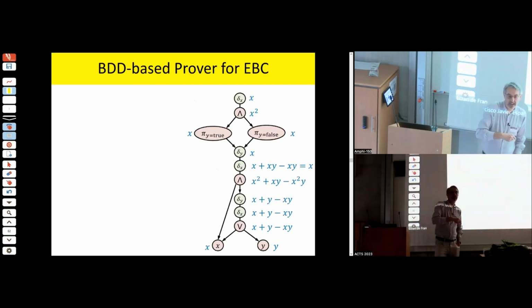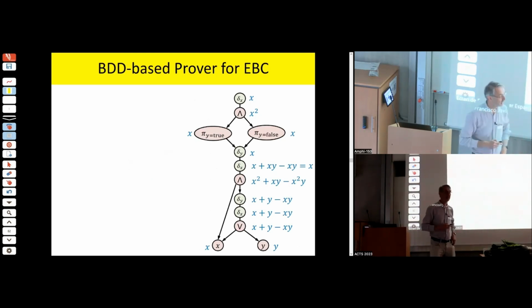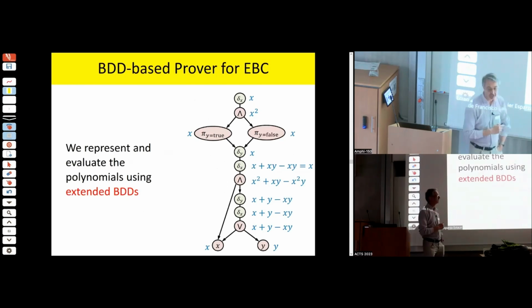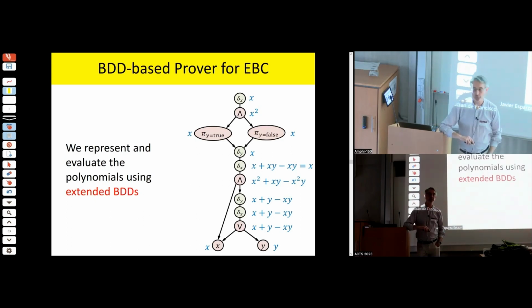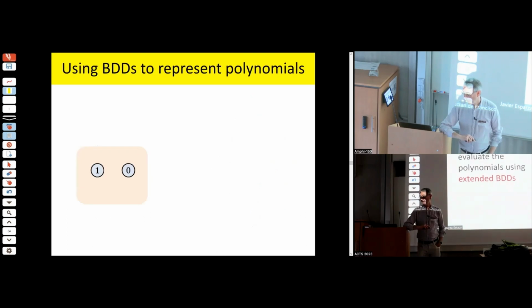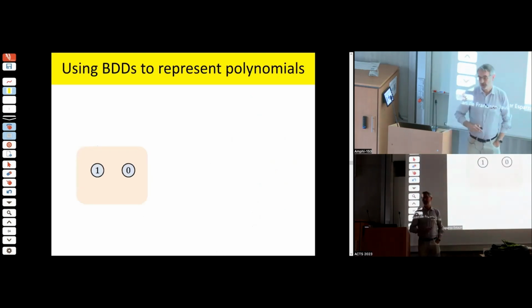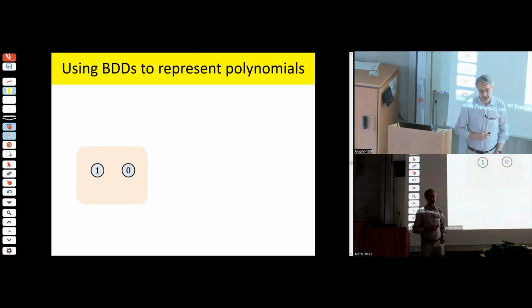But what the prover has is just a bunch of BDDs it has constructed, right? So what the prover is going to do is to also use BDDs, actually something called extended BDDs, to represent the polynomials. Okay? And how can you use BDDs to represent polynomials?